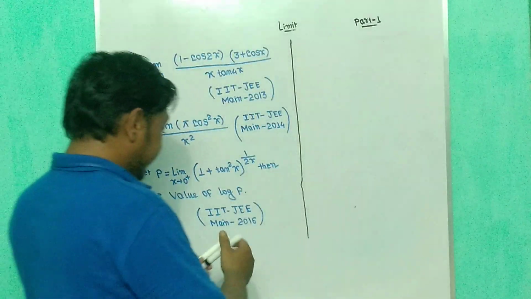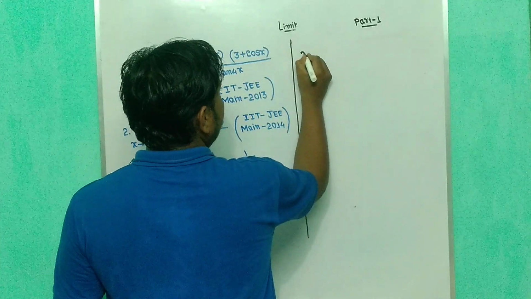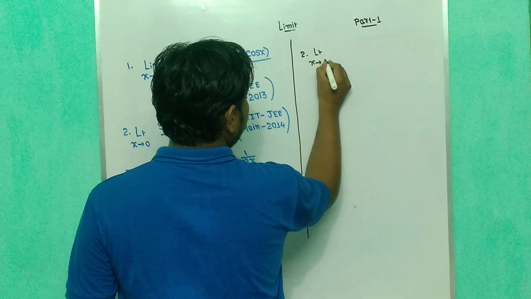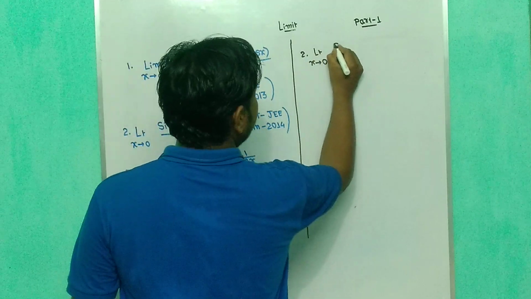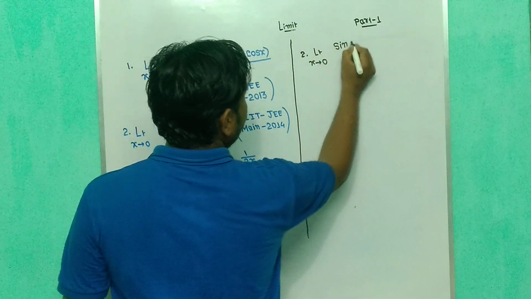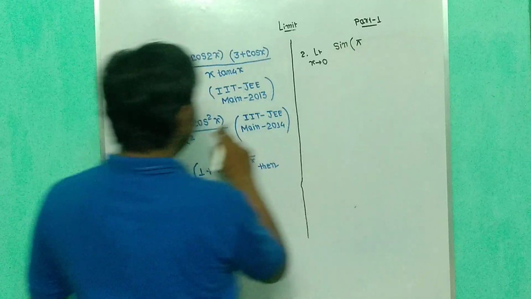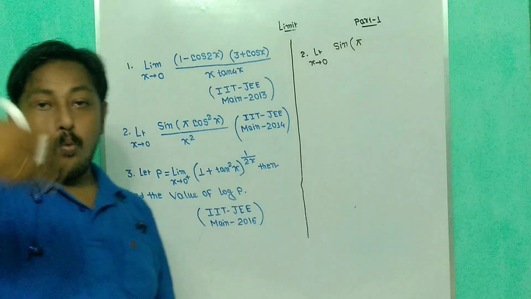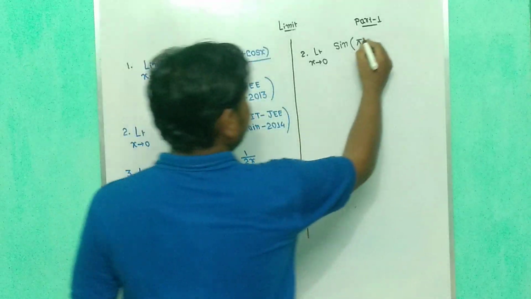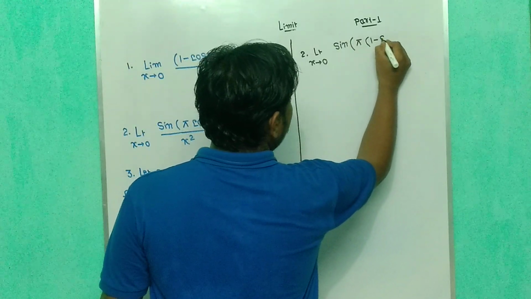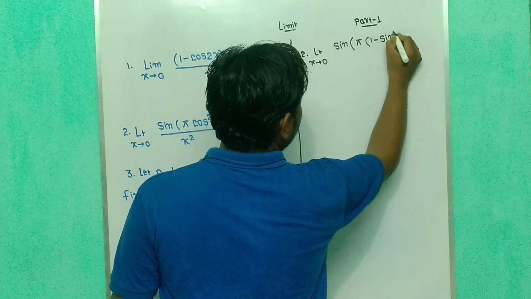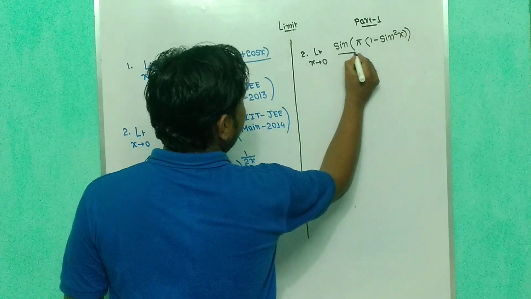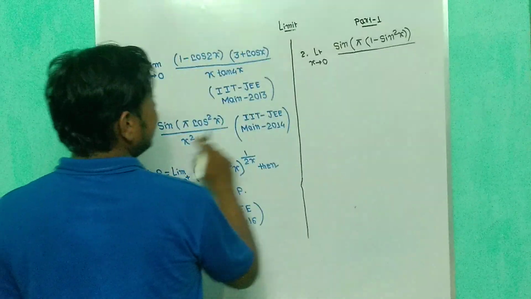Okay, see, limit x tends to 0 sine pi, this is cos square x. We know that cos square x equals to 1 minus sine square x. Divided by x square.